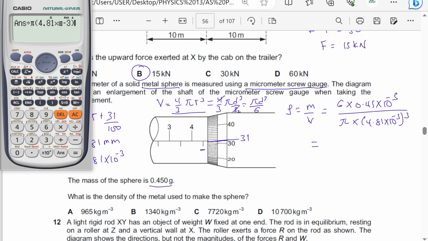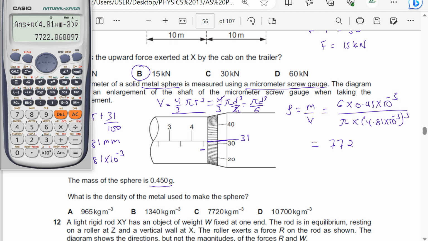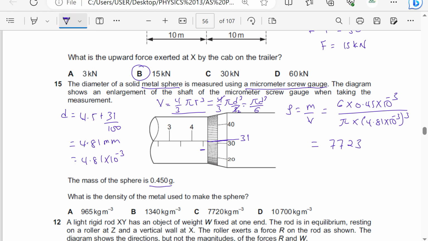This is raised to power 3. So this is giving me 77223. So it means my answer is going to be C. 7720 kilograms per meter cubed, to 3 significant figures.